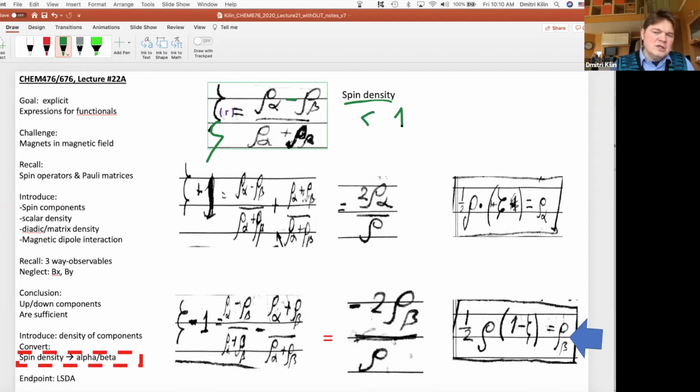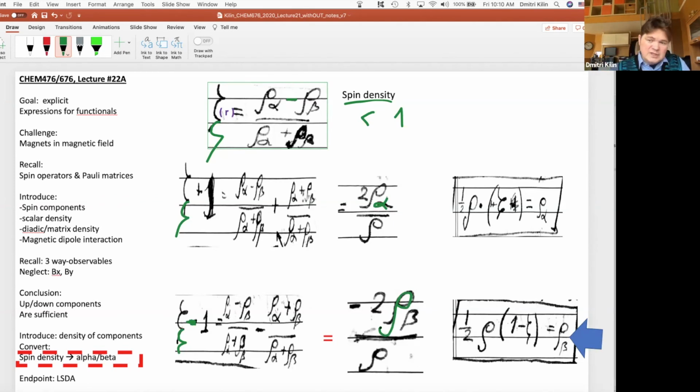One can reproduce the projection densities in alpha or in beta by taking psi plus 1, which gives rho alpha, and psi minus 1, which gives minus rho beta.